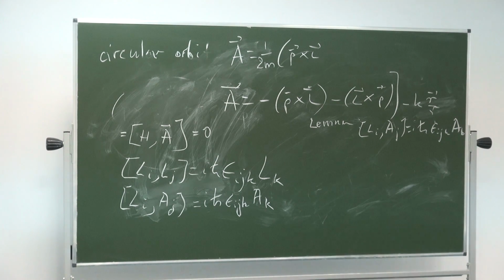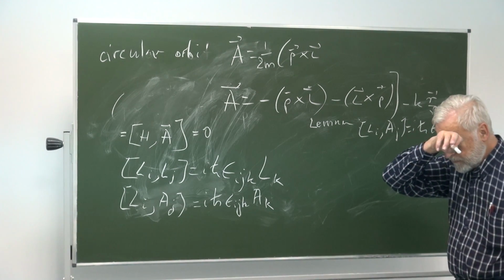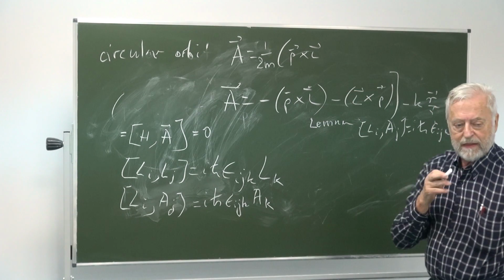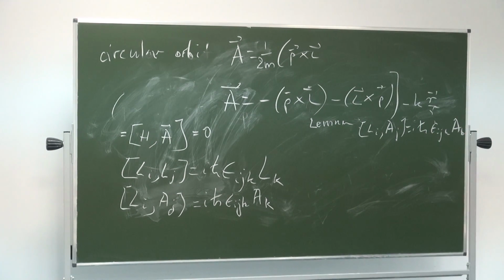Here is how I prove it for you. You see, just like passing from the Schrödinger picture to the Heisenberg picture is the same as passing from time-dependent states to time-dependent operators, so is the case with all these transformations in space, either translations or rotations.